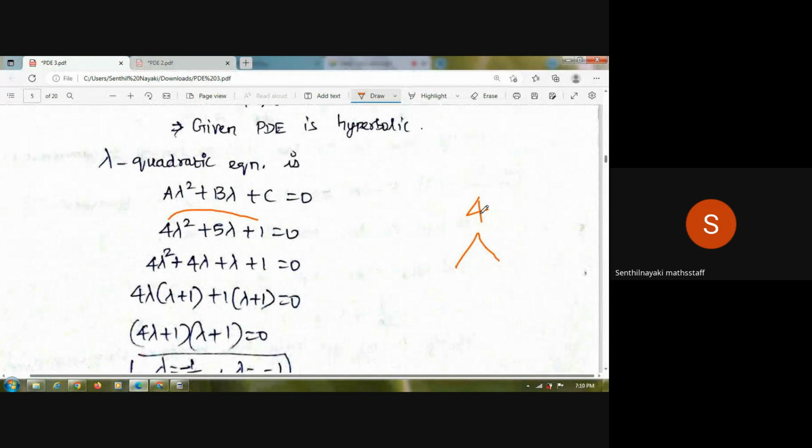If you consider two roots, then the multiplication of those two numbers is 4 and the addition of the two is 5. So the answer is 1 and 4. If you multiply these two, then 1 into 4 is 4.